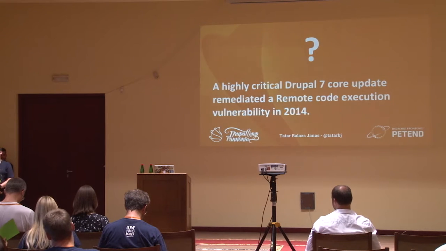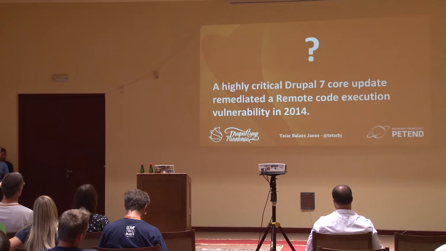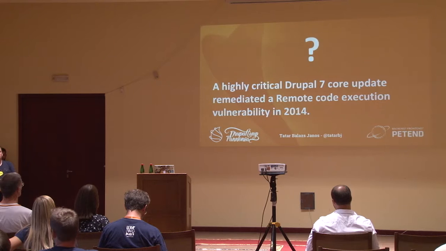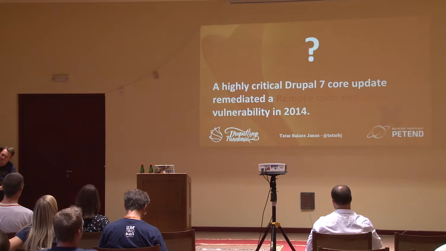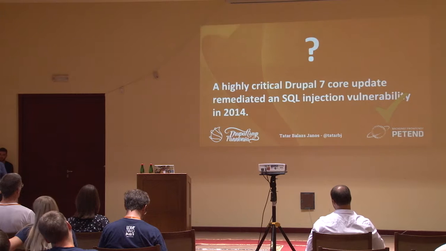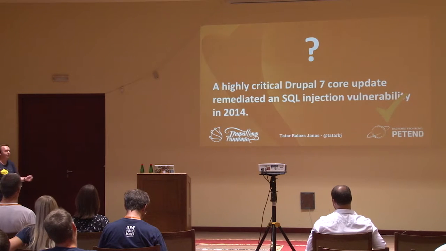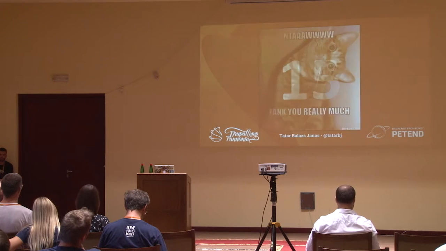Oh, guys. What is the topic here? We talk about SQL injection. Is it a remote code execution? Nope. It's not a remote code execution. It was an SQL injection vulnerability. Yeah, it's a different type, sorry. Basically, no one can mark number 15.